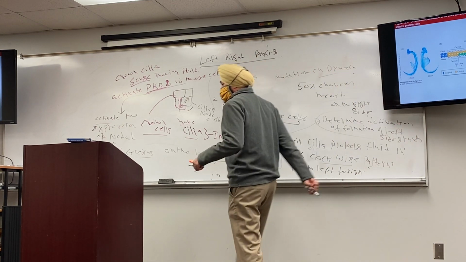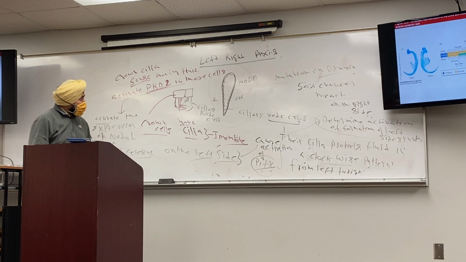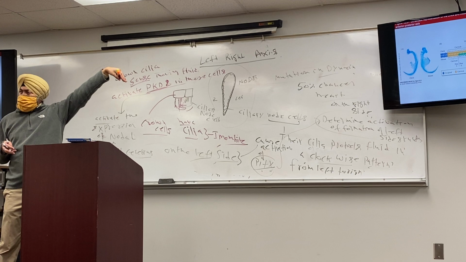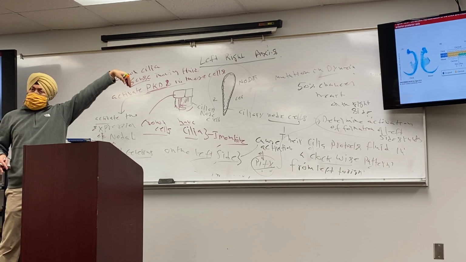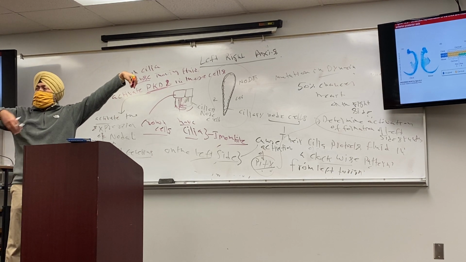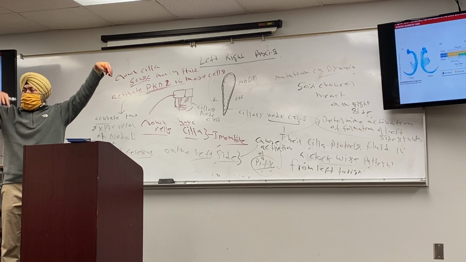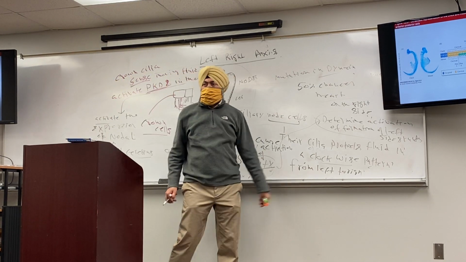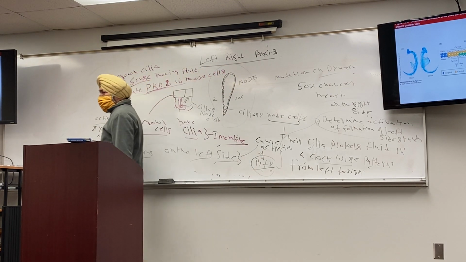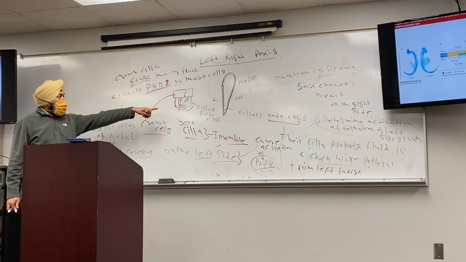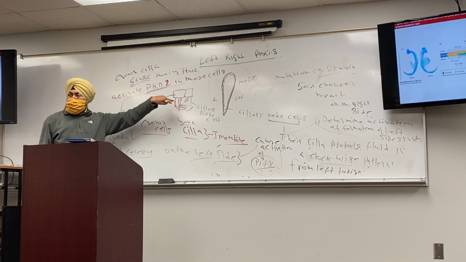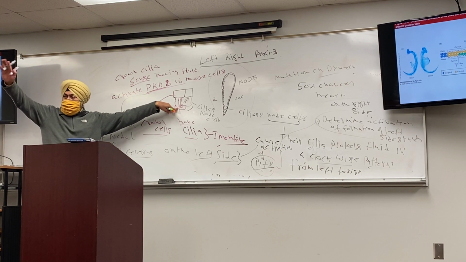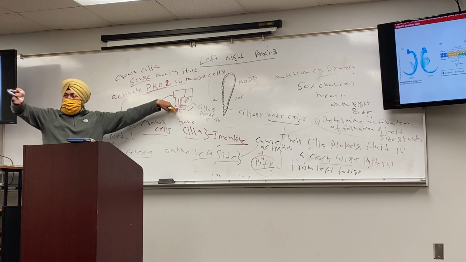So what we are saying is that the ciliary nodal cells basically coordinate the movement of the fluids in the developing embryo. And they move fluid in a clockwise direction, in a way that the fluid is moving from left to right side, right? And when that happens, the cells adjacent to ciliary nodal cells are the crown cells. Their cilia are immobile, but those cilia can now sense the flow of the liquid.